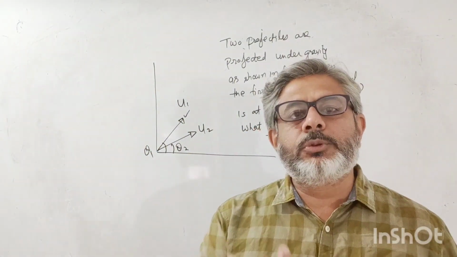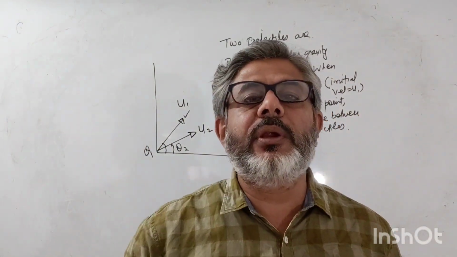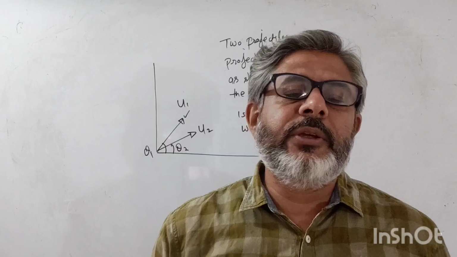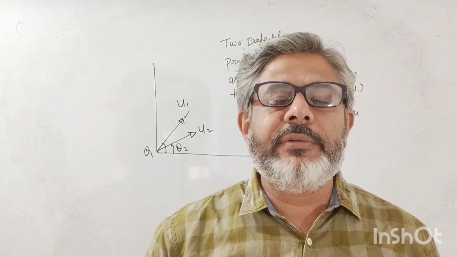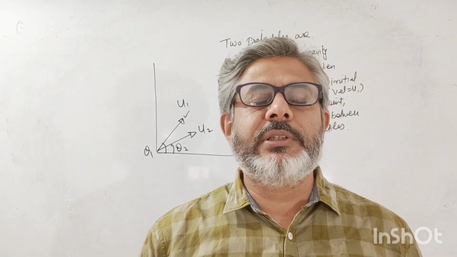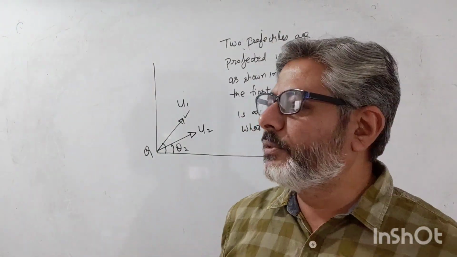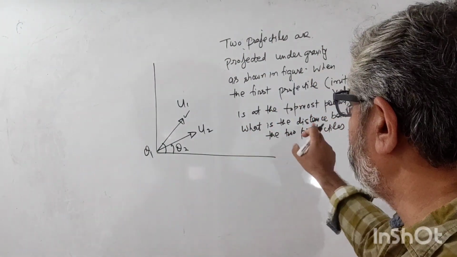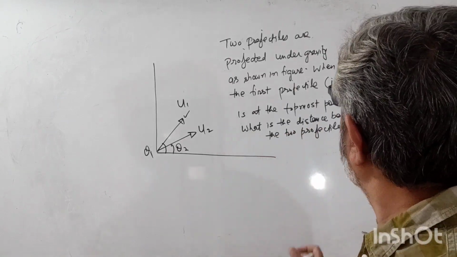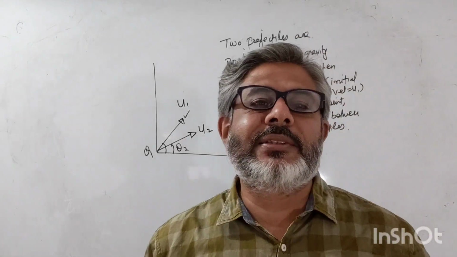In physics, many students are confused about which formula to use. I will tell you that in physics, particularly when you are targeting competitive exams, the formula does not always work. For example, it says when the first projectile is at the topmost point, what is the distance between the two projectiles?